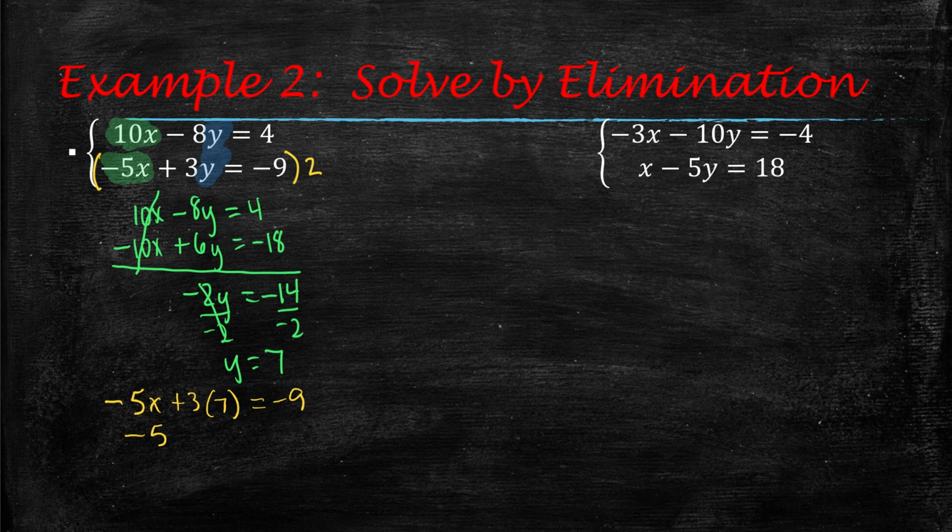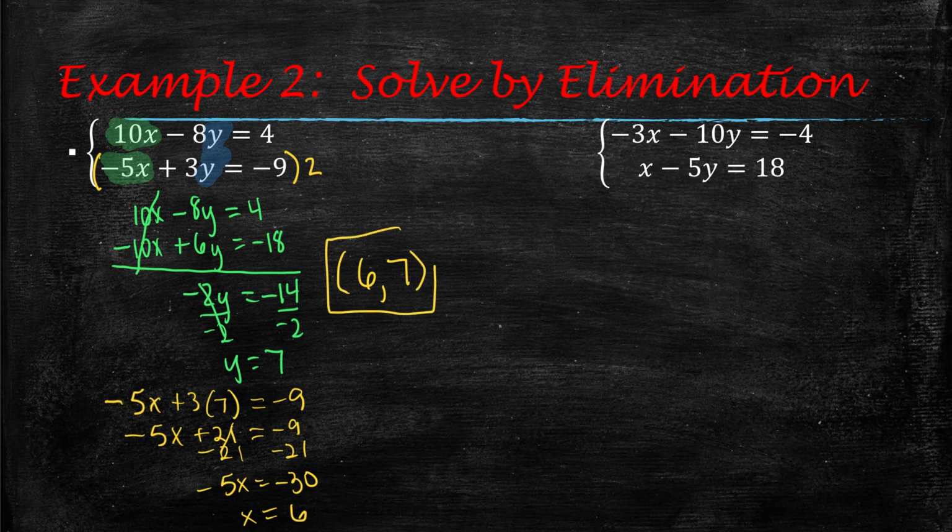So negative 5x plus 21 is equal to negative 9. Subtract 21. That gives you negative 5x equals negative 30. And if you divide by negative 5, that gives you a value of 6. So our solution for this system of equations, always put your x first, is 6, 7. So if we were to graph these, we would see that they cross at 6, 7.